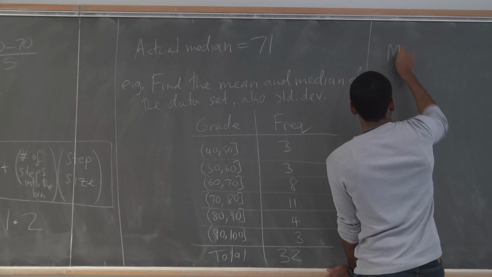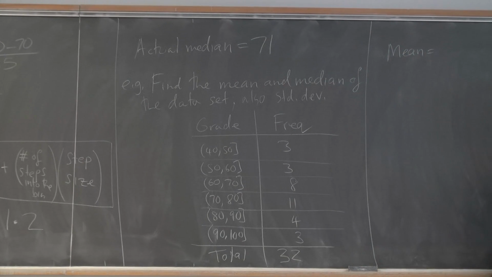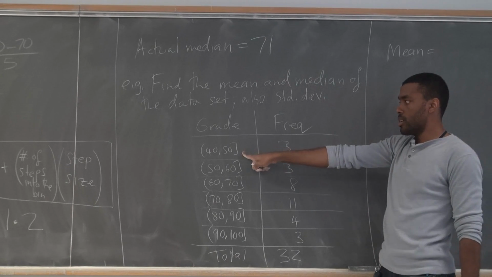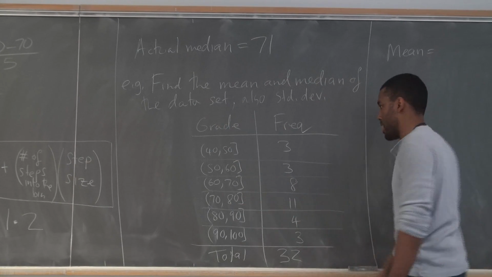What is the mean? There are 3 numbers in here. Assume they all take on what value? 45. 45, the average, right?